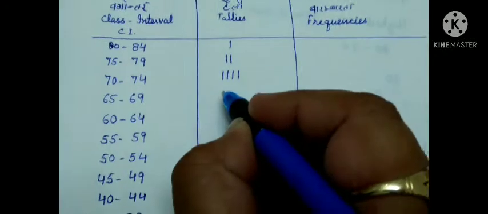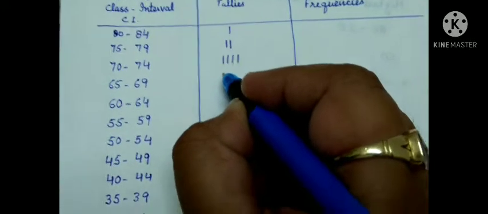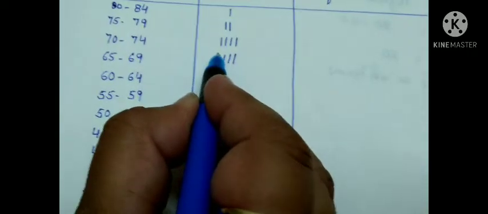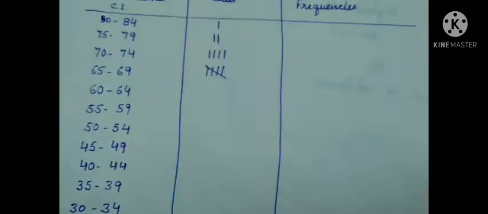So put 5 tallies. The method of putting 5 tallies is like this: 1, 2, 3, 4, and the fifth line is in a slanted way.